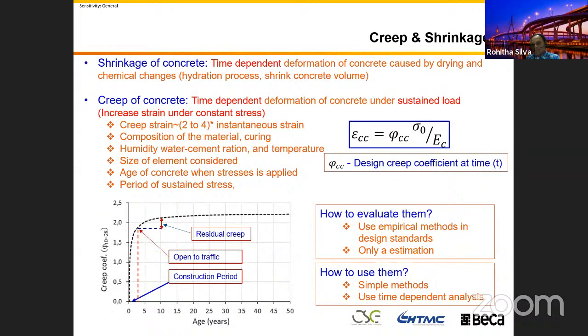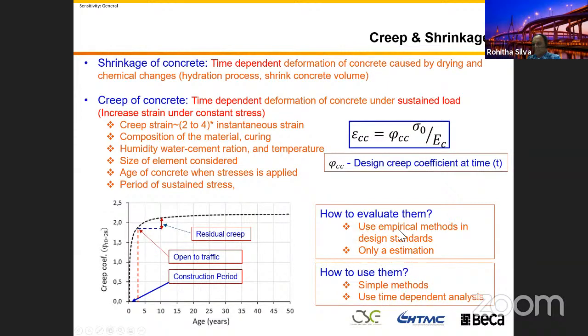So that means depending on the type of bridge you are going to use, you need to pay special attention to that. Plus or minus 30% is quite significant, that means a 60% variation in the estimate you make. And how to use them, we use a simple method.